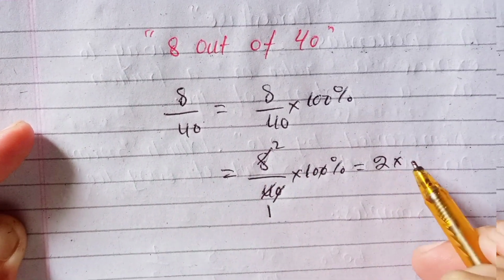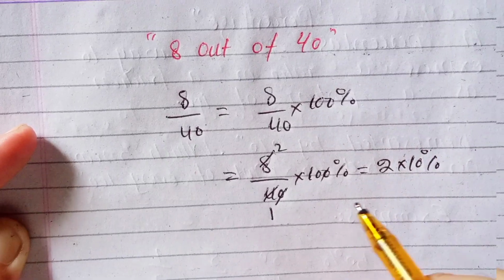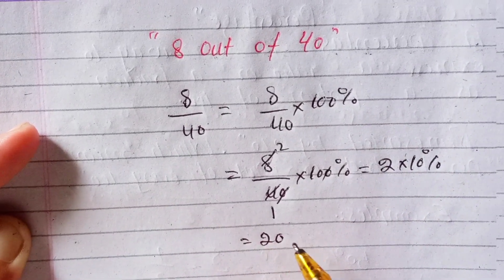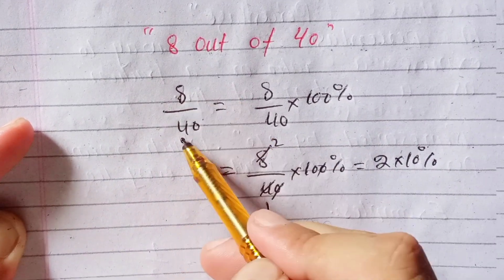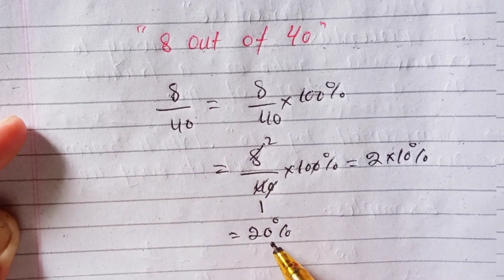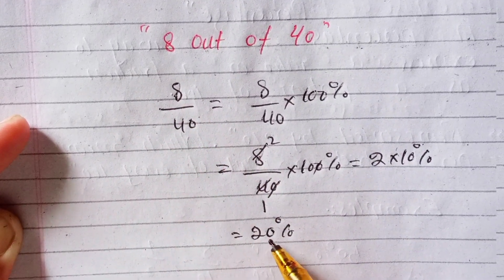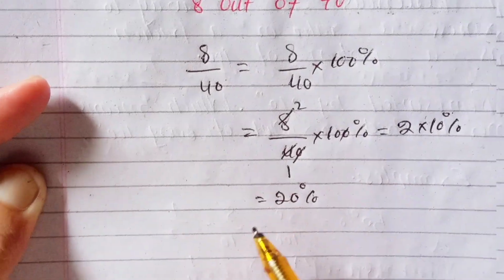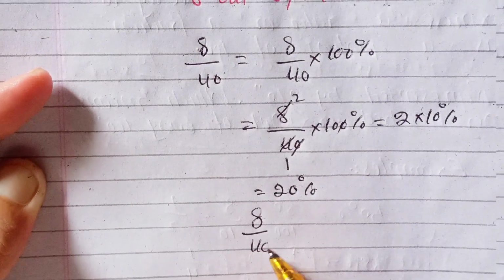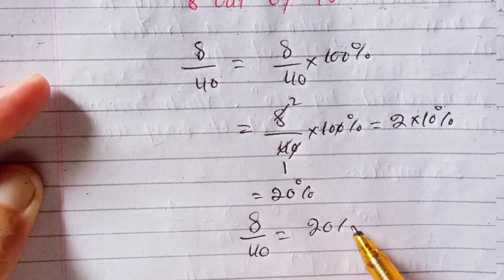So 2 times 10% is equal to 20%. So 8 out of 40 is equal to 20%, and the percentage of 8 over 40 is equal to 20%. Or we can say that 8 over 40 is equal to 20%.